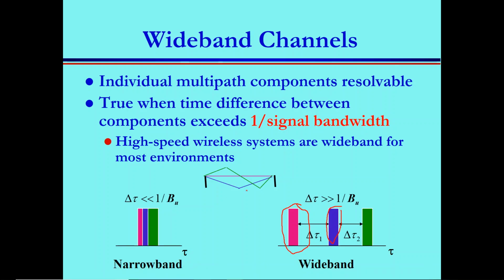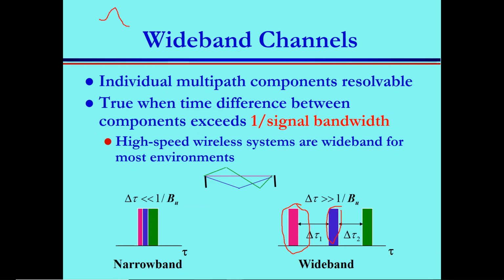So what's the condition for this to happen? We said that the delay spread, delta tau, the difference between the last received resolvable path and the first received resolvable path, should be greater than the time duration of your transmitted symbol. You have transmitted a symbol like this.